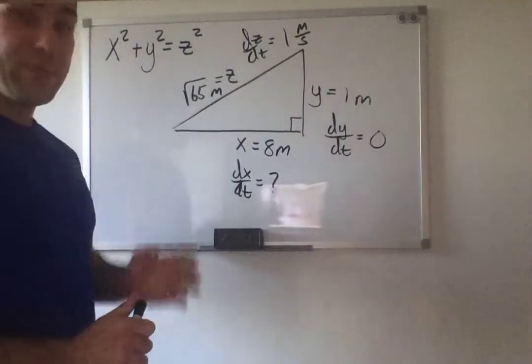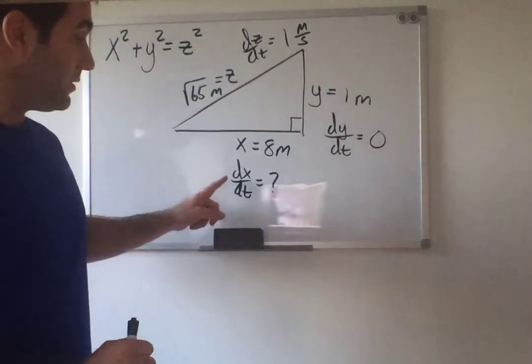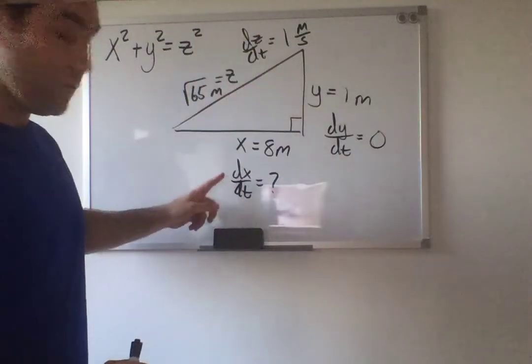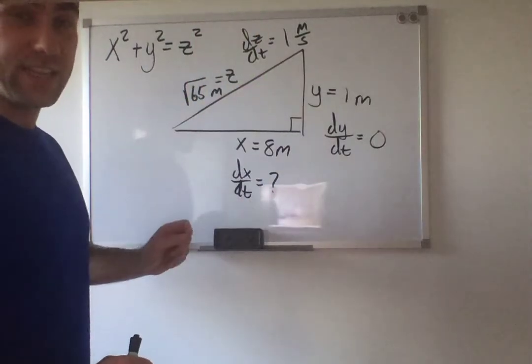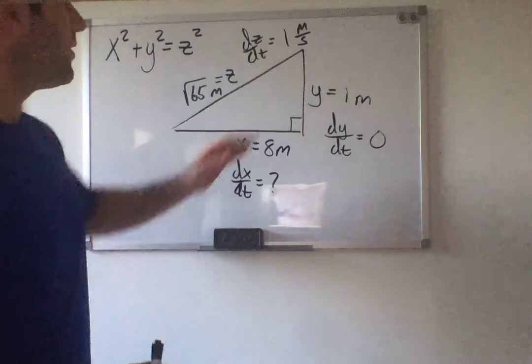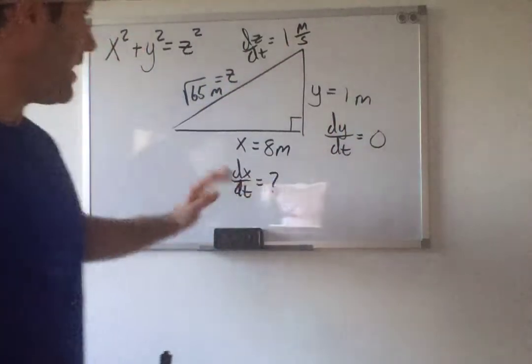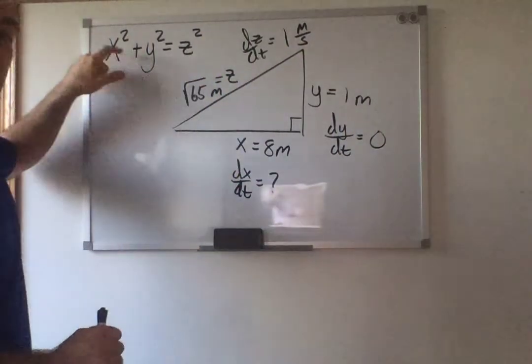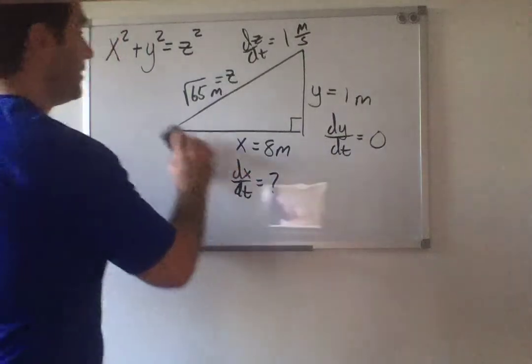Okay, so now we have all our information to be able to solve for our dx/dt. So I'm going to write all of our givens over here, and then I'm going to erase the picture, because we really just need this equation here.